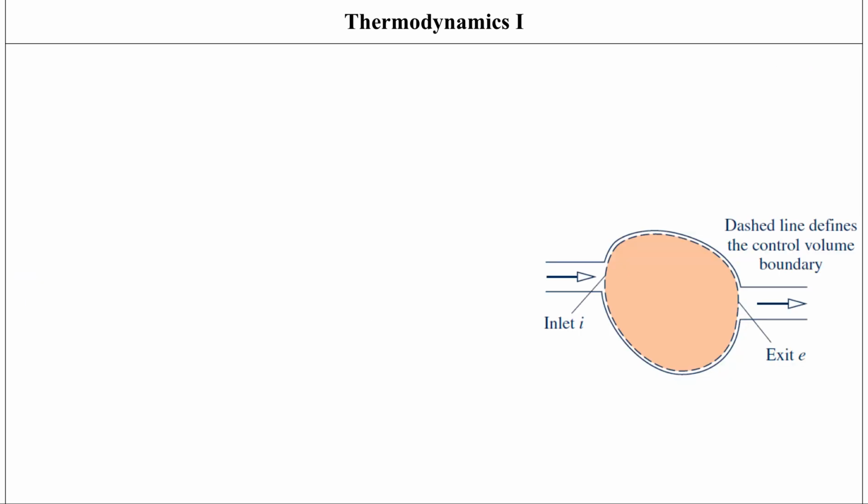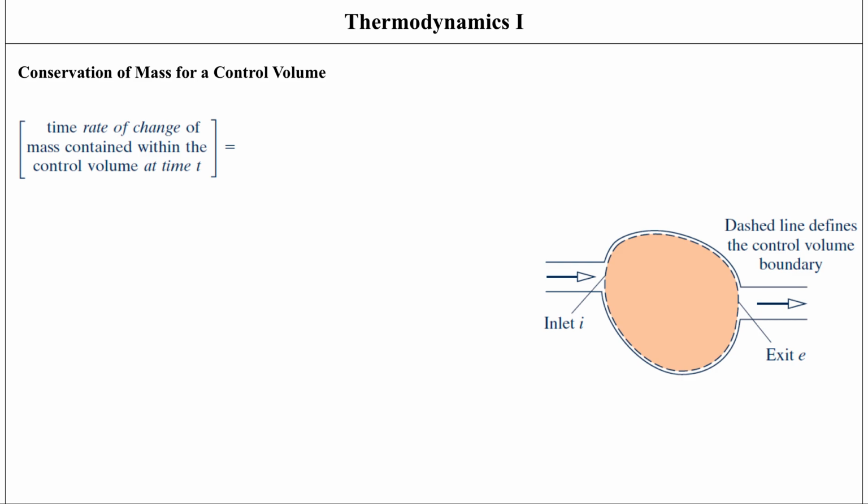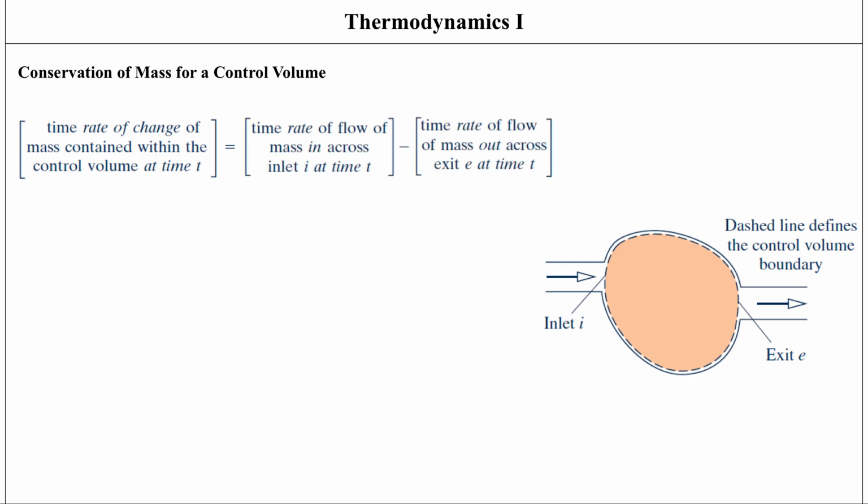Another thing that we need to remember is that a system could have more than one inlet, so it could have multiple inlets and outlets.